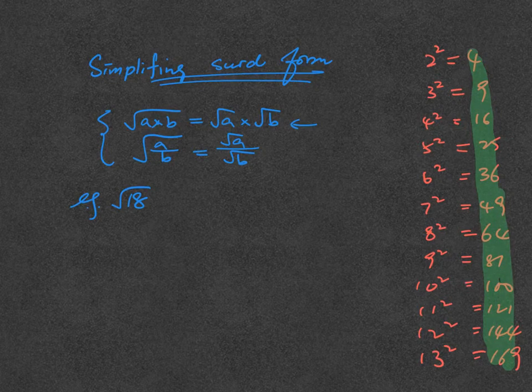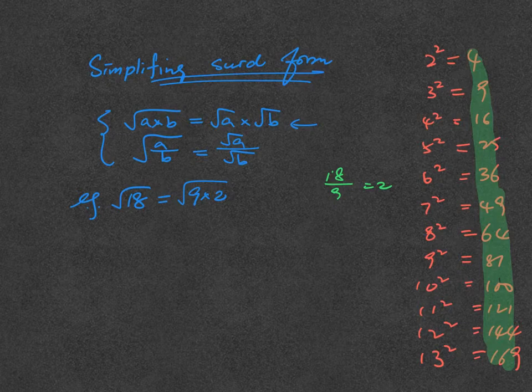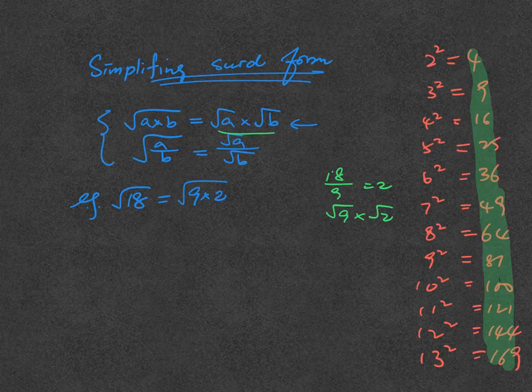Of course, you may ask the calculator for help. 18 over 9 is 2, so that helps you get the result. And then we will say it is square root of 9 times 2. I like to put the square number in the front because it's something I'm going to take out. Afterward, by the rules of surd form, you know that it's square root 9 times square root 2, which is 3 times square root 2.